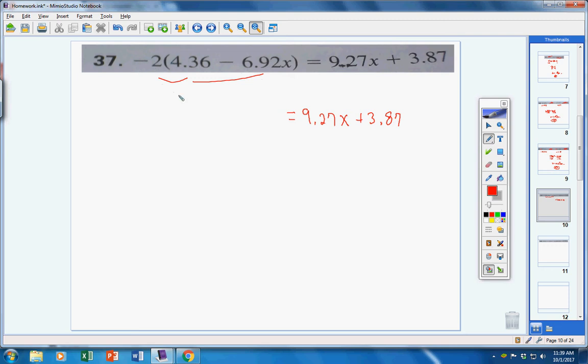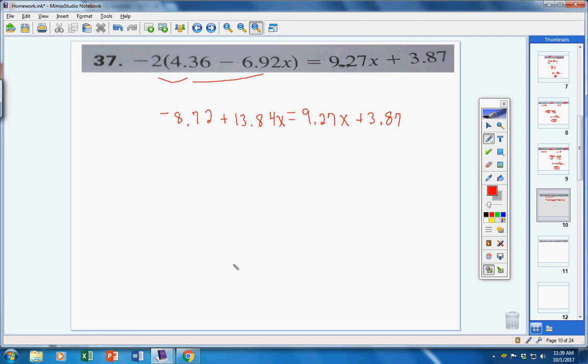Negative times a positive is negative. 2 times 4.36 would be 2, carry your 1, 7, 8. 8.72. Negative times a negative is positive, and we would get what? 4, 8, carry your 1, and there should be an x here.